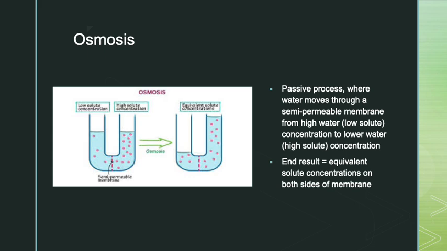The solutes, the particles, did not move. Only the water moved. And then we end up with an equal concentration on both sides. The volume is different, but the concentration of particles to water is the same. So osmosis is the movement of water from high concentration to low concentration to try to reach equilibrium when the solutes or particles can't move.